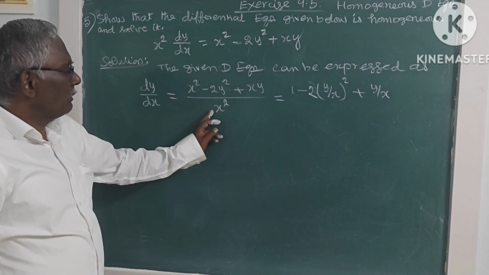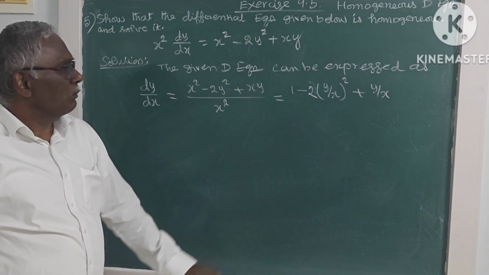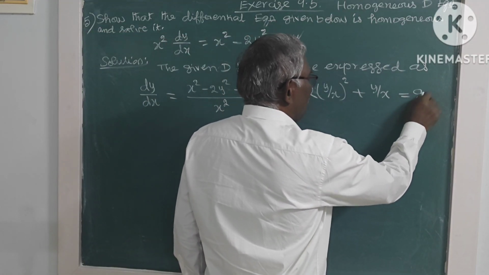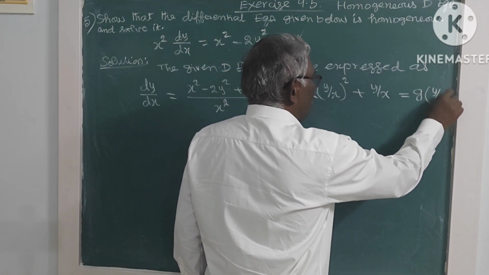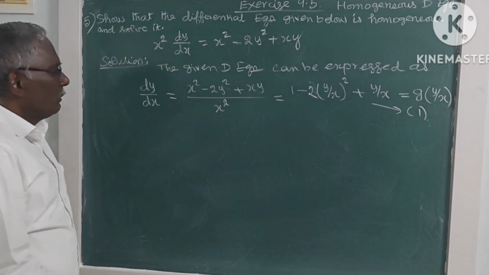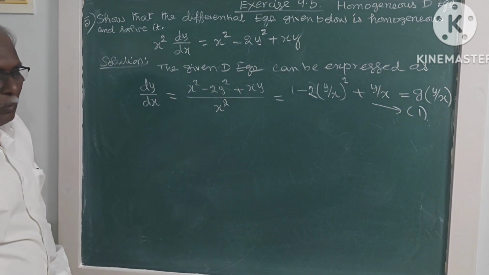If we divide x square by x square, the denominator becomes 1. So this is of the form g of y by x, call this equation 1. Therefore equation 1 is homogeneous.